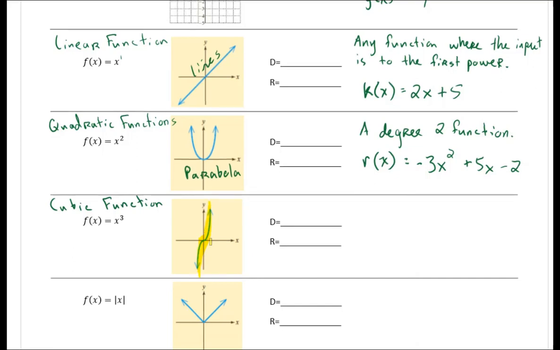The rest of them don't have special names for the graph like parabola and lines, but I call these the snaky graphs. Now, the snake may go in the other direction, so it could snake up to the left and down to the right, but if it's a cubic function, it's going to snake like that. The way you identify a cubic function by looking at its equation is it's going to be a degree 3 polynomial function.